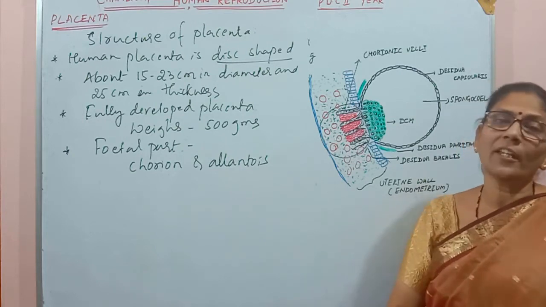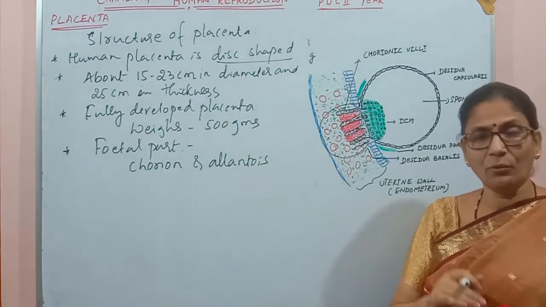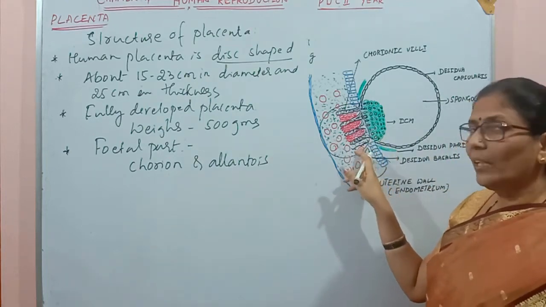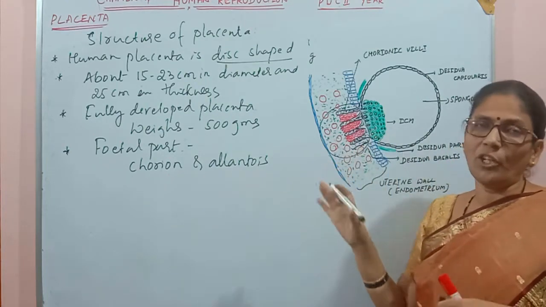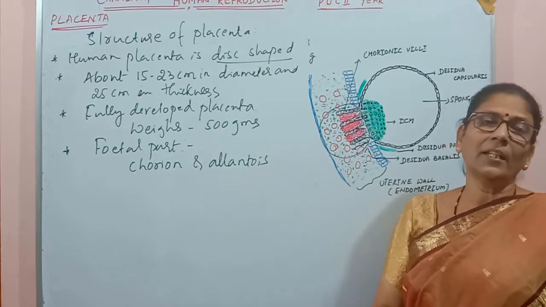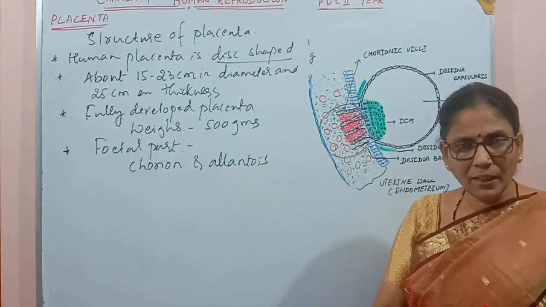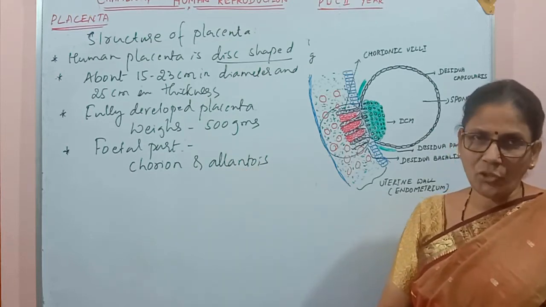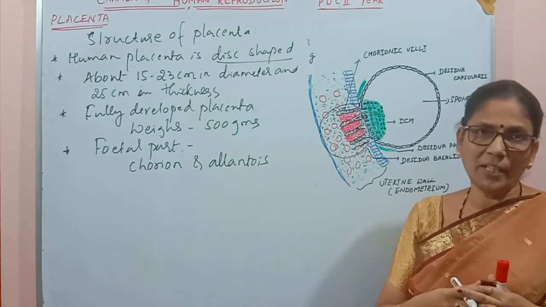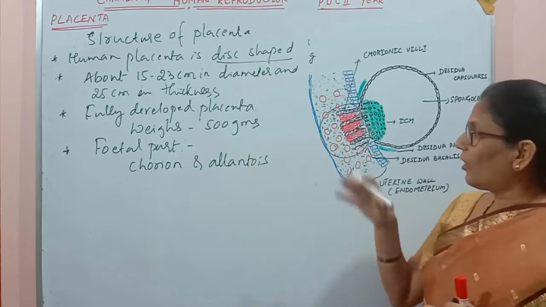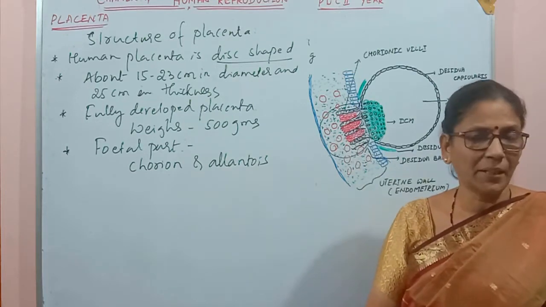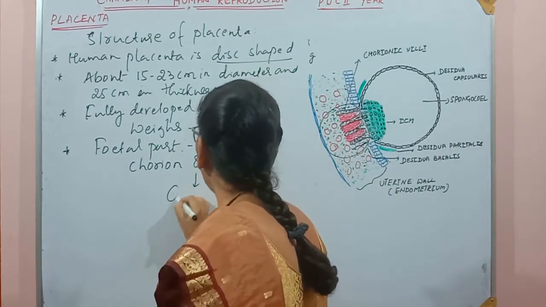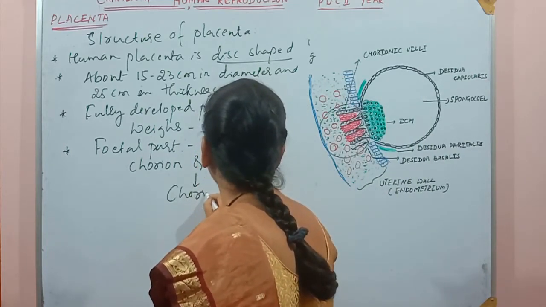The chorionic allantois membrane cells produce finger-like structures called the chorionic villi. These chorionic villi penetrate into the deeper part of the uterus and are embedded by the maternal body tissue, which interdigitates with the chorionic villi, and they are also dipped in the maternal blood.